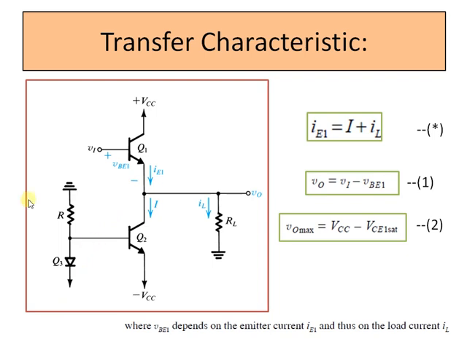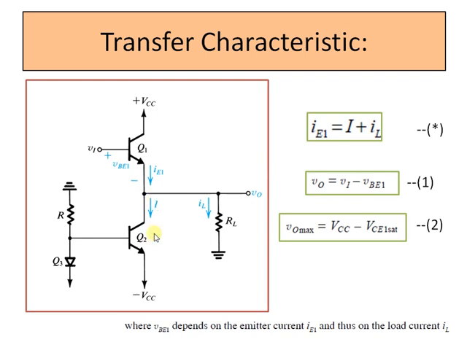Moving on, we have the emitter follower with the transistor Q1 and a transistor Q2, and this emitter follower, that is with transistor Q1, is biased with a constant current I supplied by the transistor Q2. So I can write IE1 equal to the sum of the current I plus IL, obtained by applying KCL to this node.